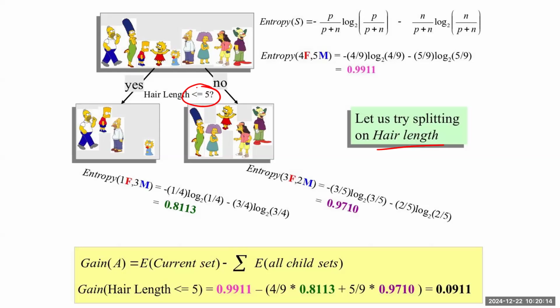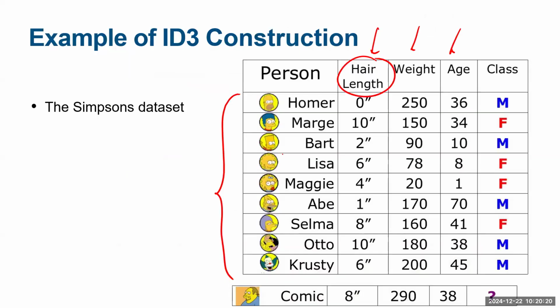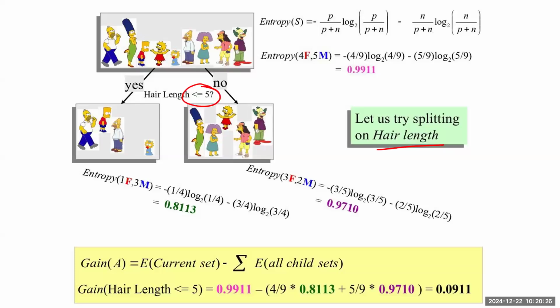So at the start, I have all of this. I have how many persons? 9. I have 9 characters and the entropy. So the class split is 4 female and 5 male. I have 2 classes.